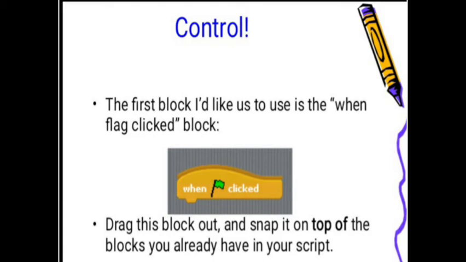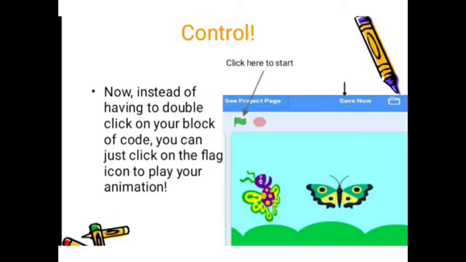Drag this block out and snap it on top of the blocks you already have in your sprite script. Now instead of double clicking on your block of code, you can just click on the flag icon to play your animation. This is indicated by a green flag.